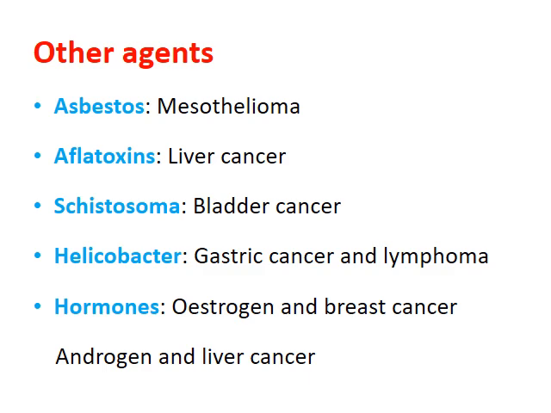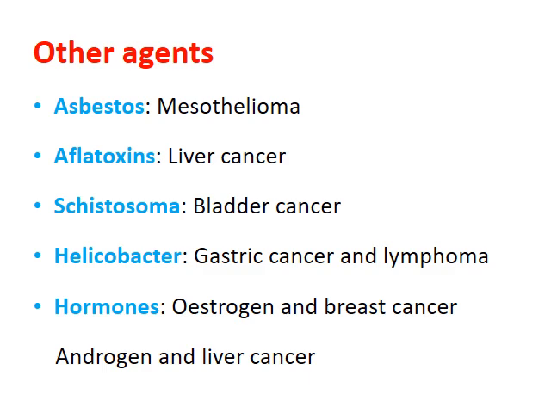Another agent that is associated with an increased risk of malignancy is asbestos. People working in the asbestos industries have a high risk for development of mesothelioma. Aflatoxin is associated with an increased chance of developing hepatocellular carcinoma. Schistosomiasis or bilharziasis may develop into bladder cancer later in life.